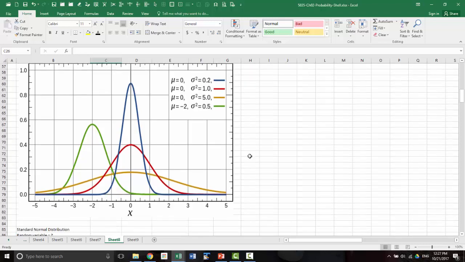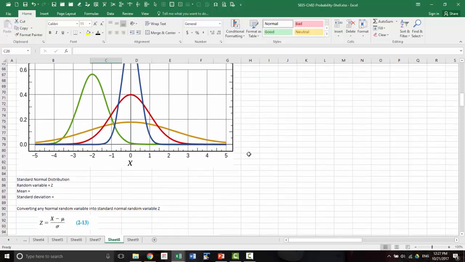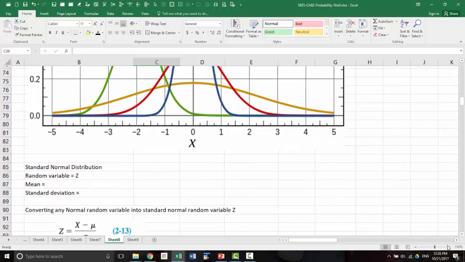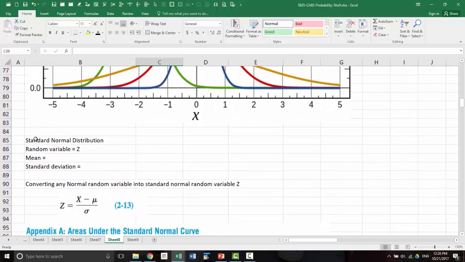Now, there is one specific normal distribution that has a special function, and that is called the standard normal distribution. The standard normal distribution is a normal distribution for which the mean is 0 and the standard deviation is 1.